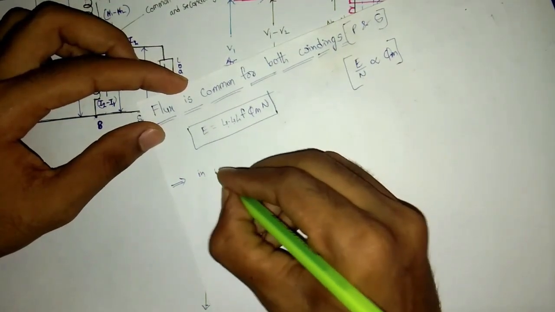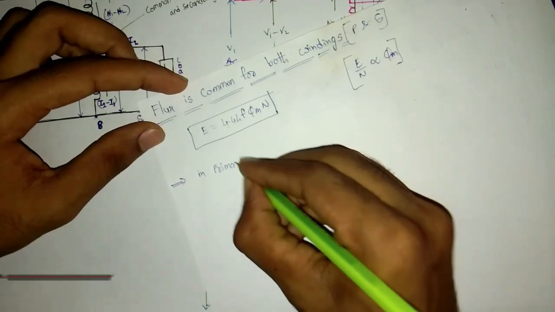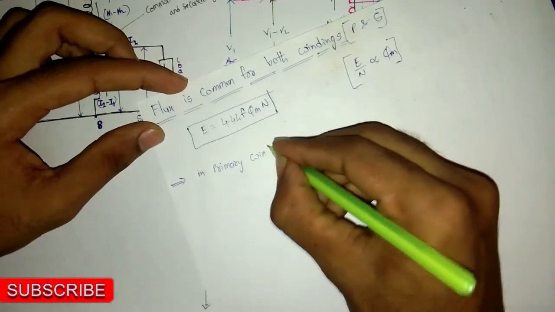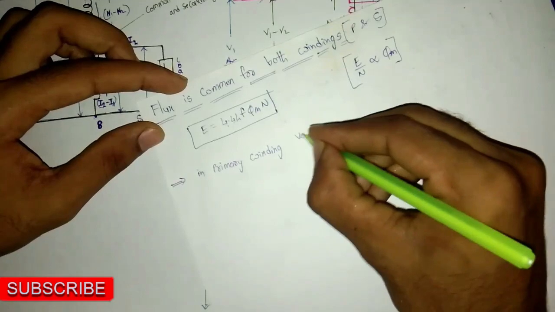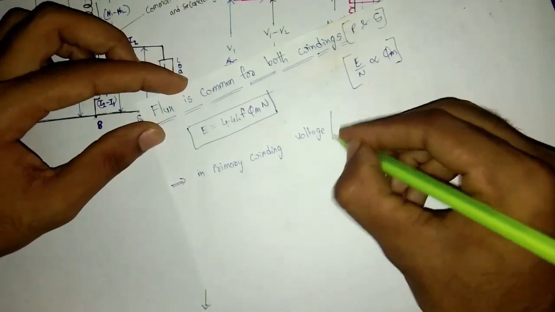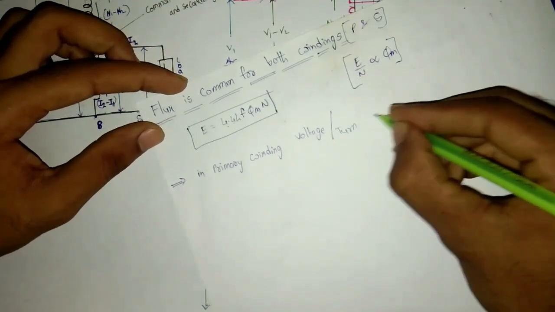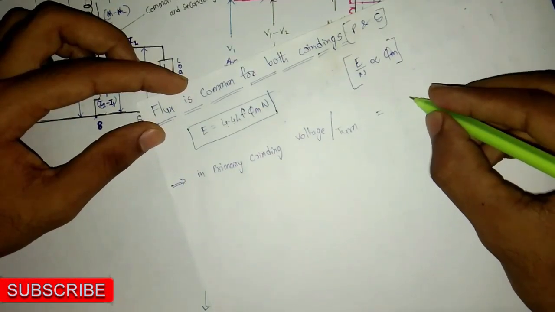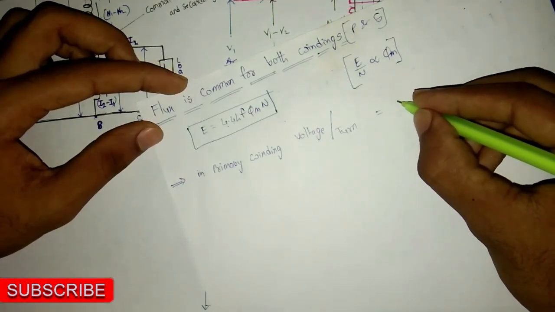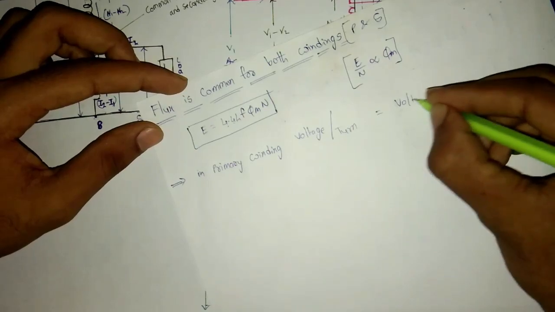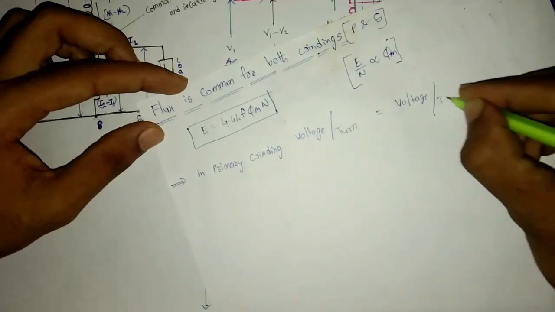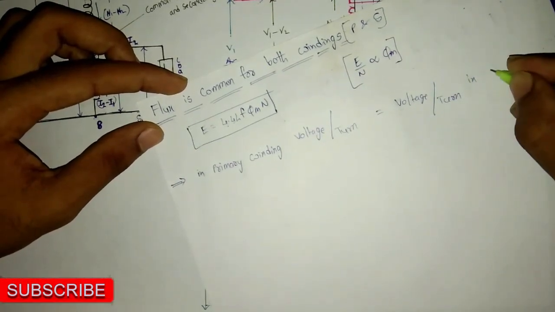voltage per turn in primary winding is equal to voltage per turn in secondary winding.